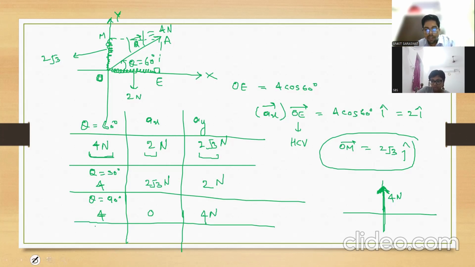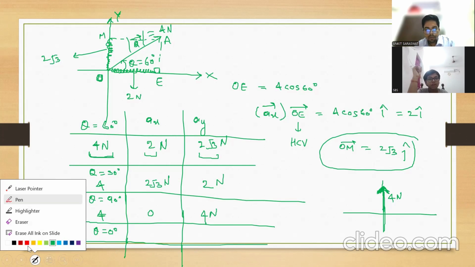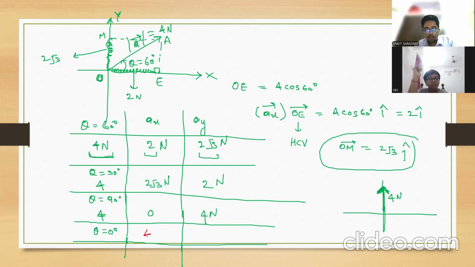But if theta is 0 degree, then its projection will be 4 Newton in Ax and 0 in Ay. So here the vector will be like this, and this is the projection.